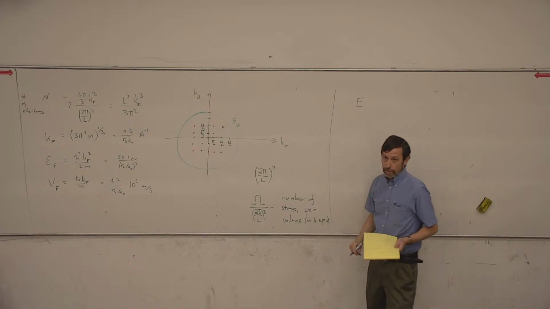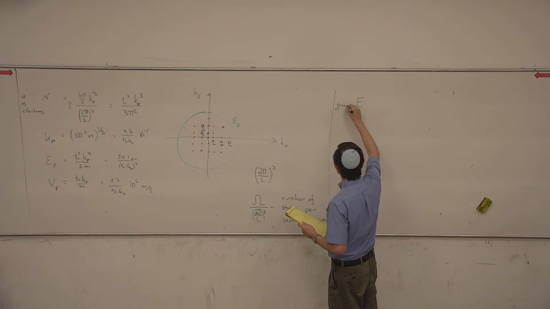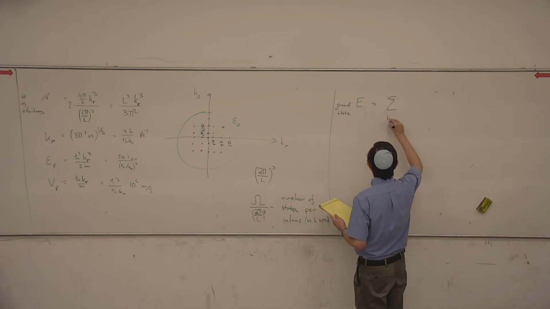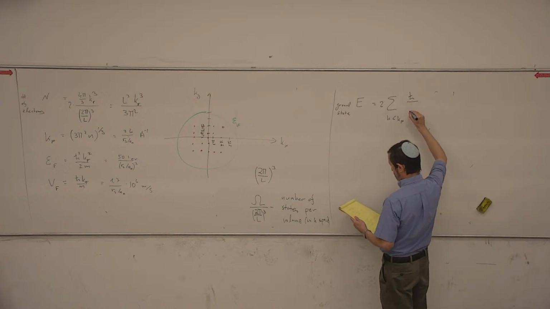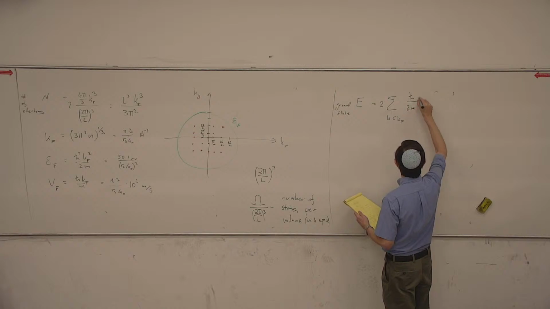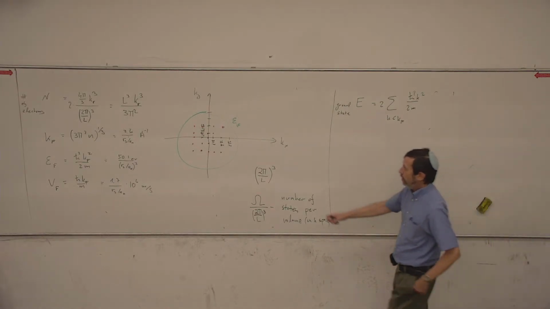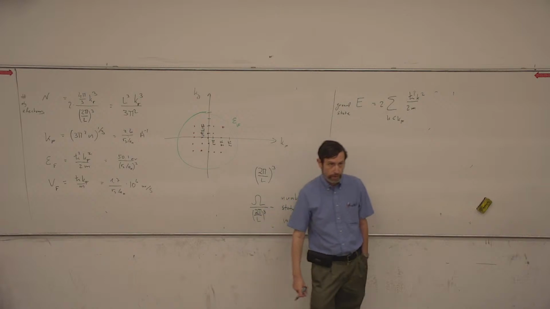the ground state energy. I have to sum up the energy of each point here, as long as it's smaller than k Fermi.